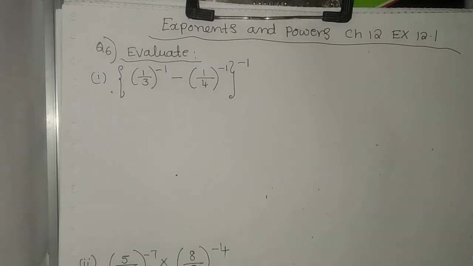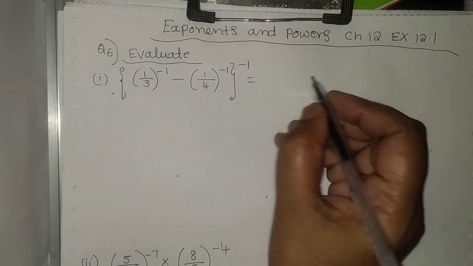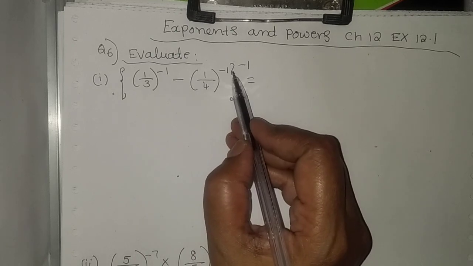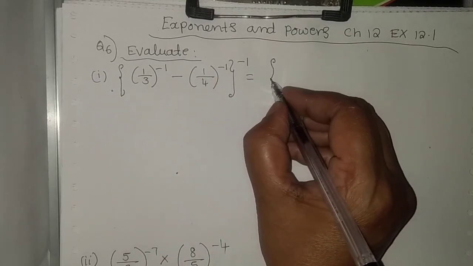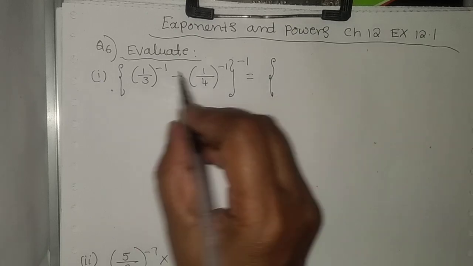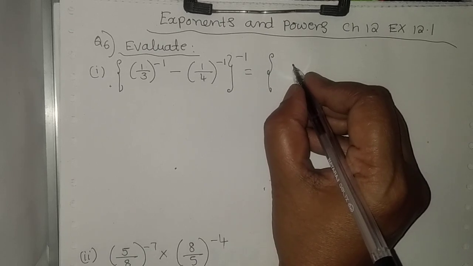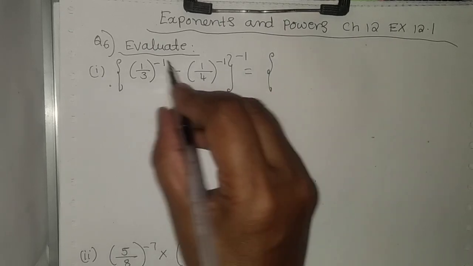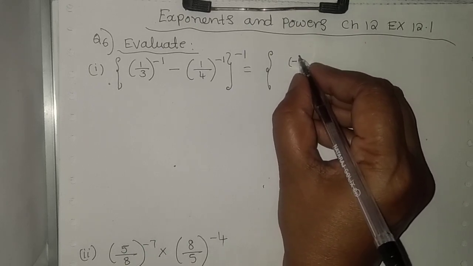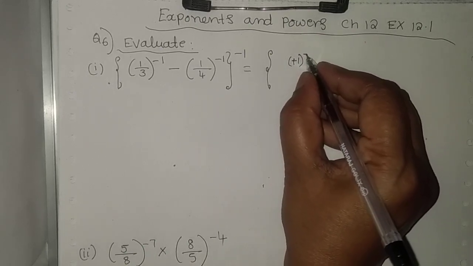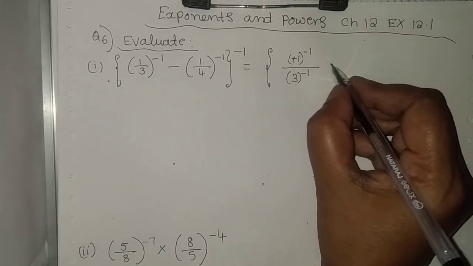So here, the first step: first we will evaluate inside the bracket. Keep this outer bracket as it is. The power minus 1 is split to the numerator and the denominator: minus 1 to the numerator and minus 1 to the denominator.